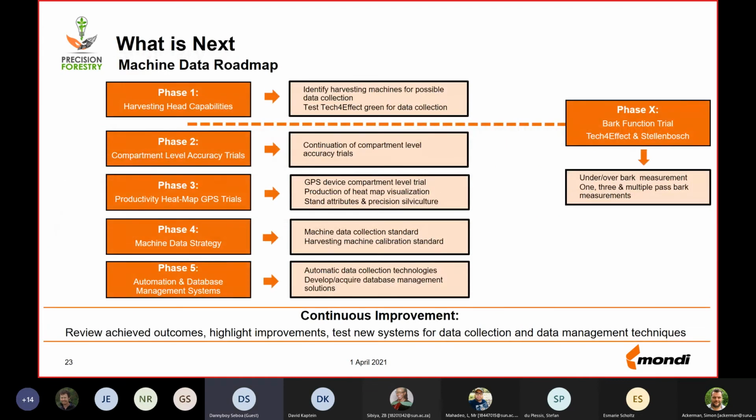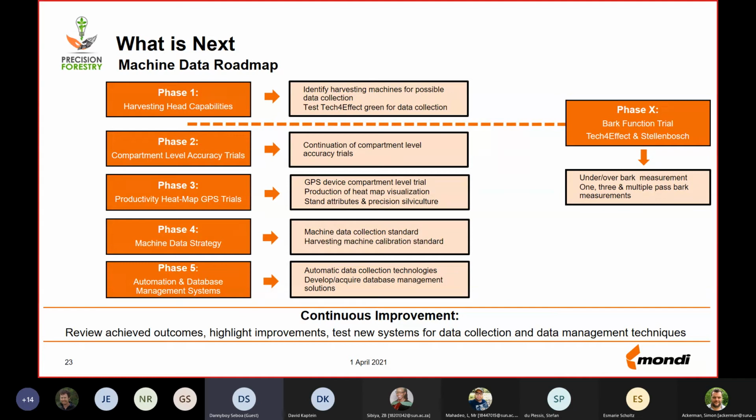So what's next for us? For phase one, we're going to continue with identifying harvesting heads for possible data collection. And then we're going to look at the tech for effect green box so that we can start automating our data collection process. For phase two, we're going to continue with our compartment level accuracy tasks.